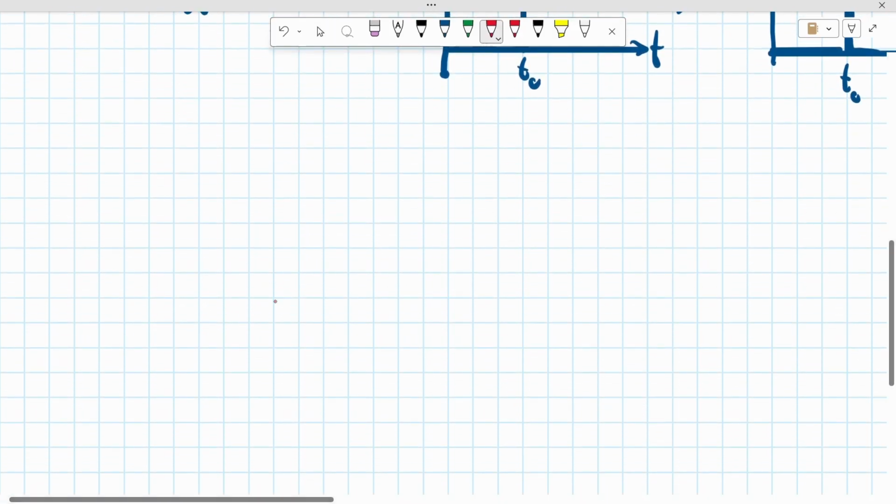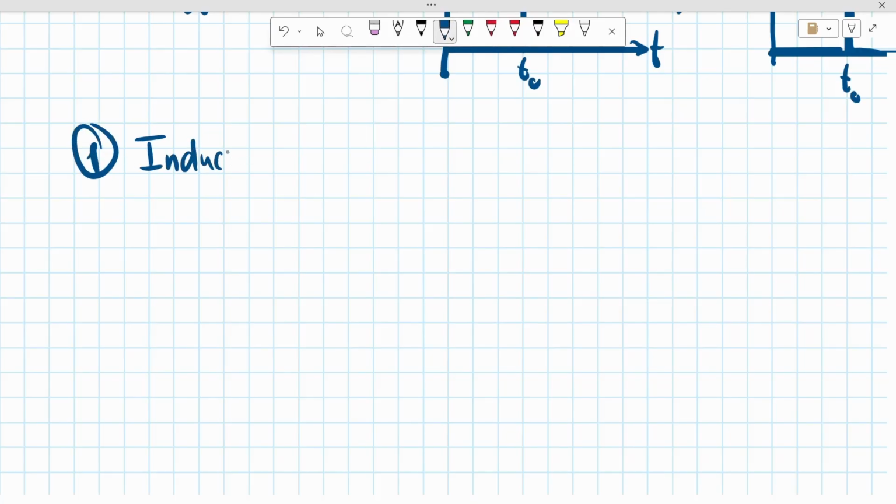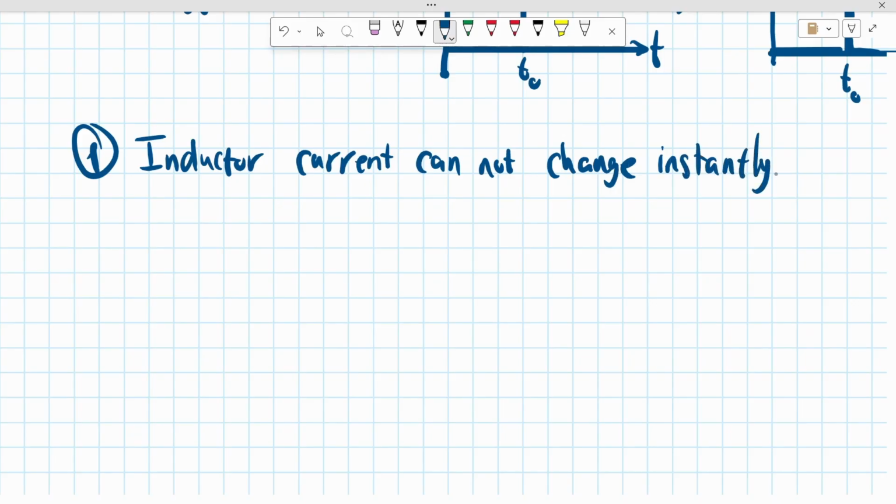This is the first rule. So rule number 1: inductor current cannot change instantly.